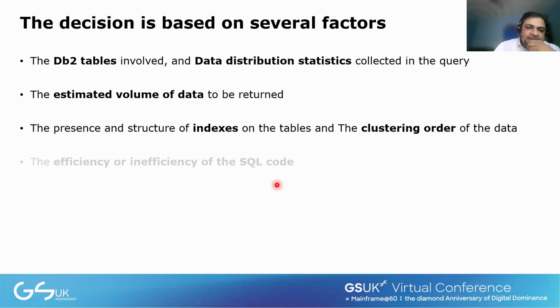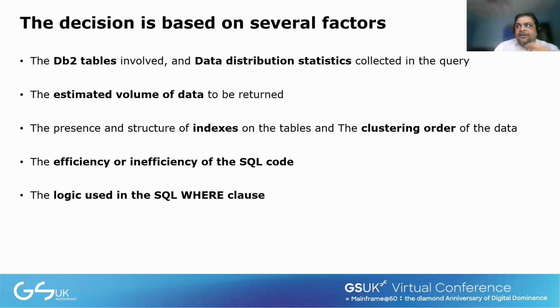How efficient or inefficient your SQL code is, that is very important. The logic used in the where clause. After the where clause, you use columns and the predicates. Those influence the access path, and we will look into that. The predicates which you use should be used very smartly. Otherwise, if you misuse them, your SQL might cost a lot to fetch the same amount of data.